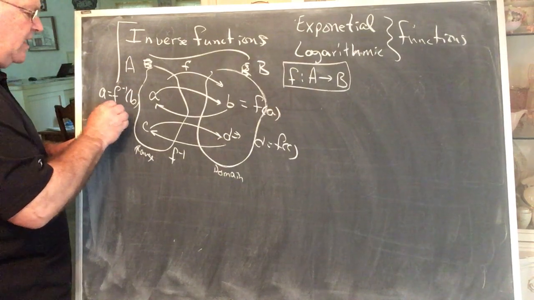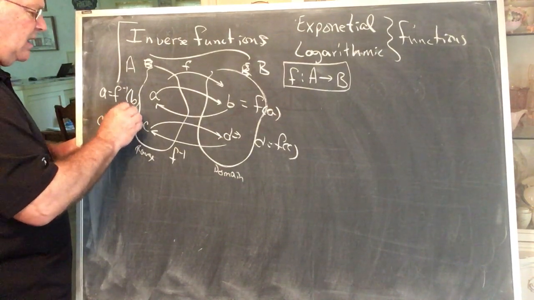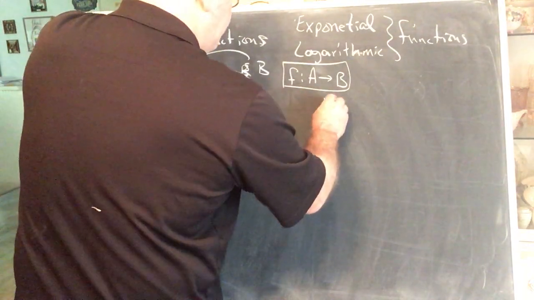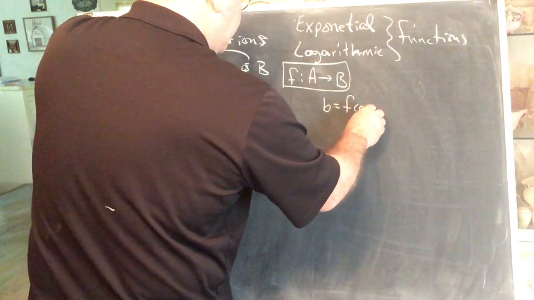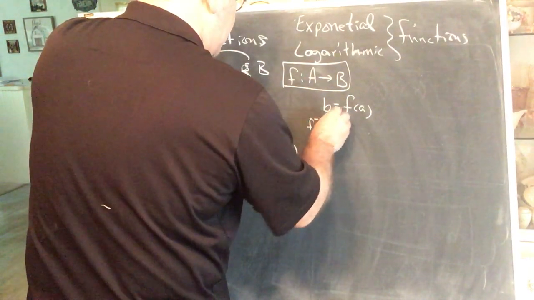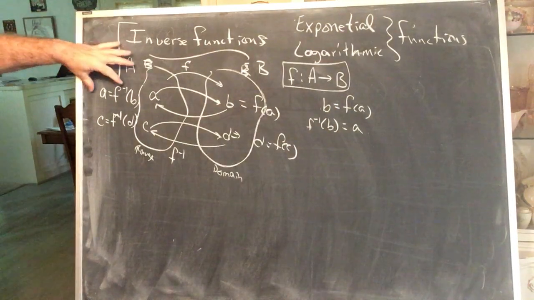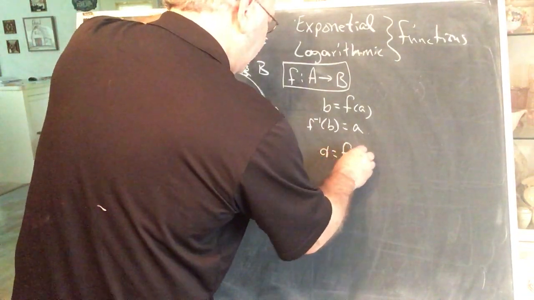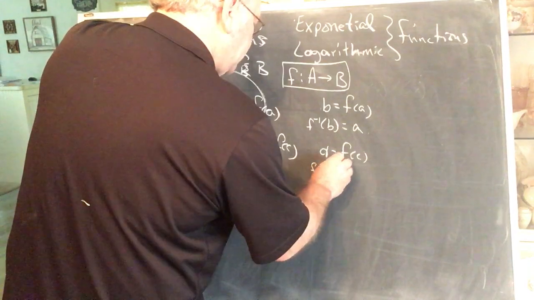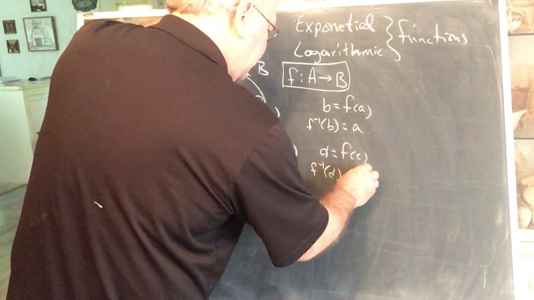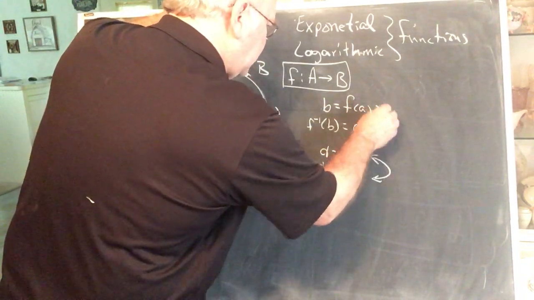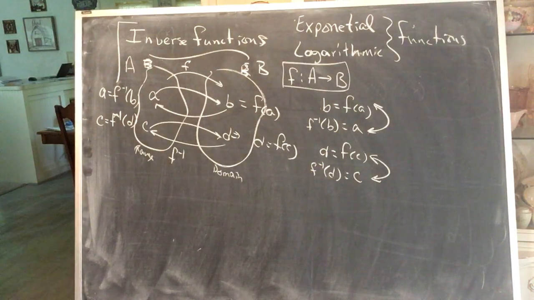C came from f inverse applied to D. And so what we see is this: the expression B is equal to f of A, and f inverse of B is equal to A, are equivalent statements. And D is equal to f of C, and f inverse of D is equal to C, are equivalent statements. These two statements and these two statements are equivalent to each other. So that's a key notion in this.